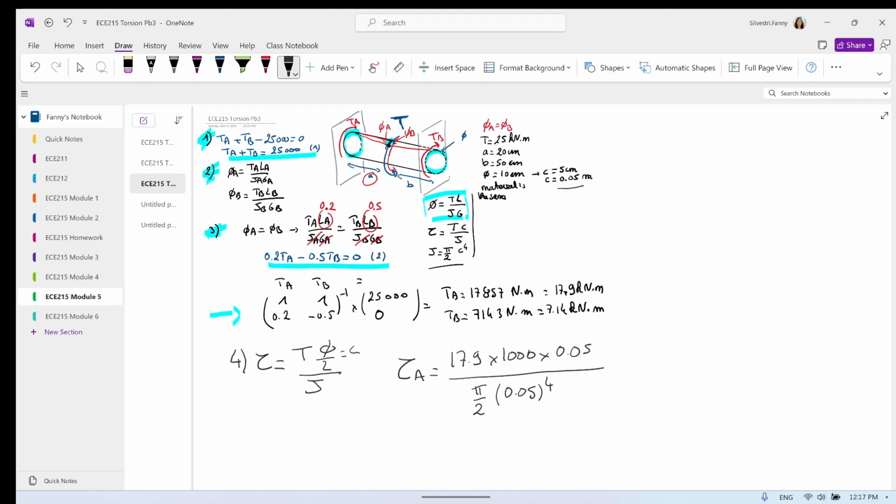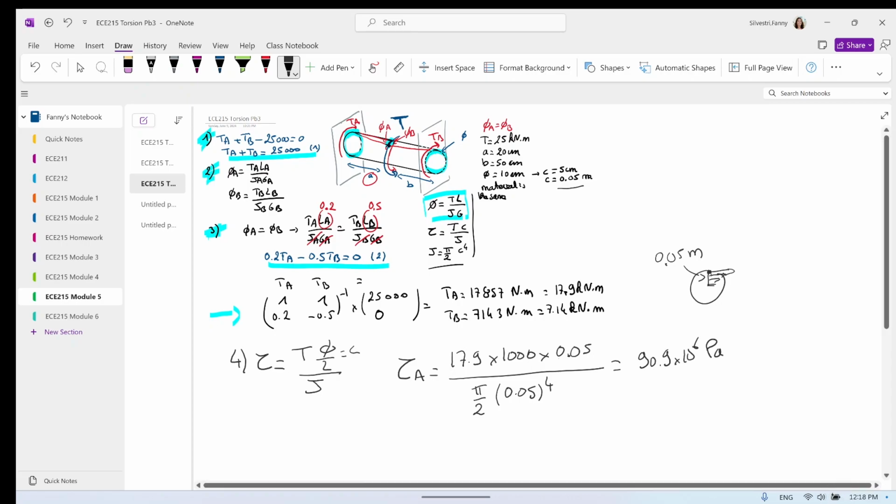In our case C and the radius are the same because we want the highest shear, which is all the way at the outside. We get 90.9 times 10 to the 6 pascals, that is 90.9 megapascals. To get newton per millimeter squared, we divide by 1,000,000.